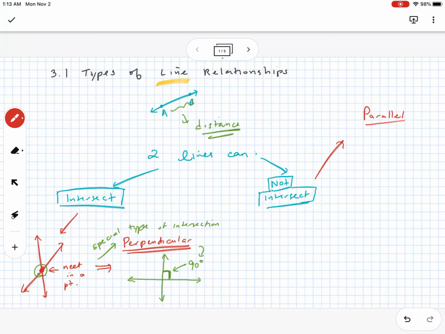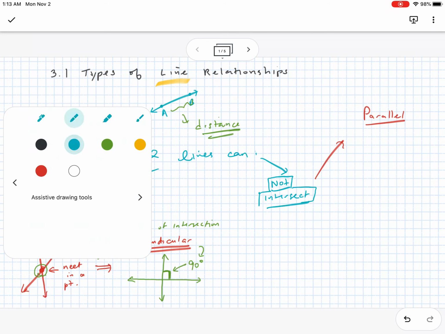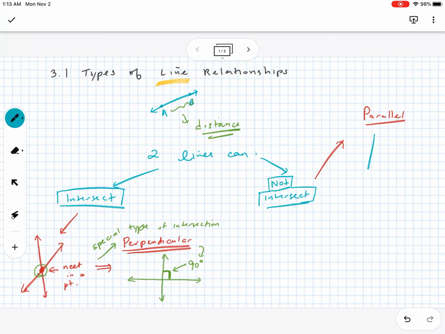The first is one that we will talk about a lot, which is called being parallel. And when two lines are parallel, I want you to think about it like a railroad track. So when you have a railroad track, you have a line here and a line here, and I want you to notice they never intersect. They never meet.